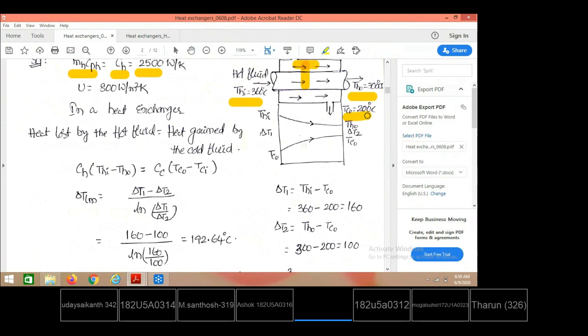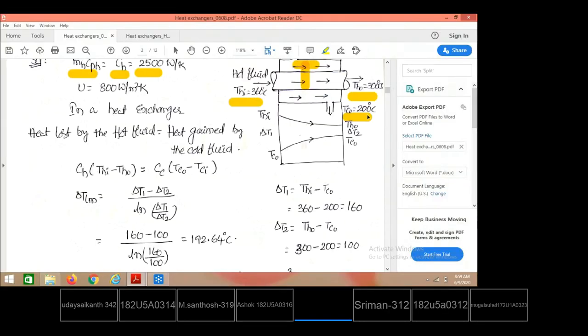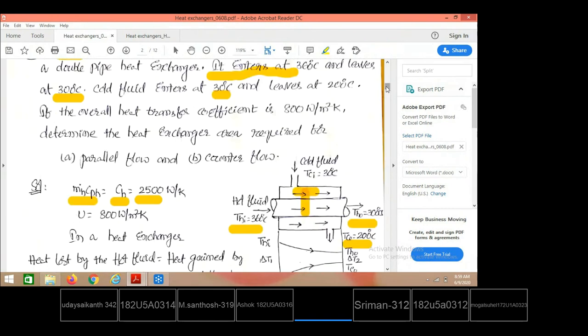You see here, on receiving heat from the hot fluid, the cold fluid temperature increases and it leaves at 200 degrees centigrade. Like this, all terminal temperatures, hot fluid inlet, hot fluid outlet, cold fluid inlet, cold fluid outlet, are marked there, and the overall heat transfer coefficient is also considered as 800 watt per meter square Kelvin.